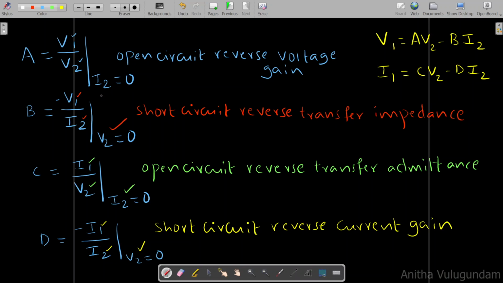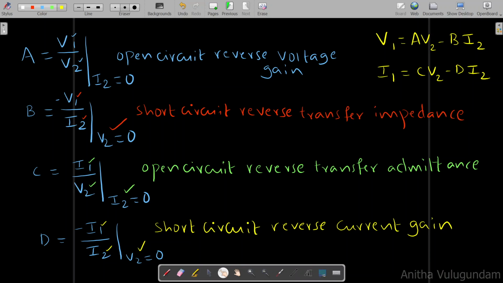First, look for the condition. If the condition is I equal to 0, you start with open circuit. If the condition is V equal to 0, start with short circuit. Then look for the ratio, whether it is at port 1 or port 2, or whether the ratio is port 1 variable to port 2 variable. If the ratio is port 1 variable to port 2 variable, you should write the word reverse.